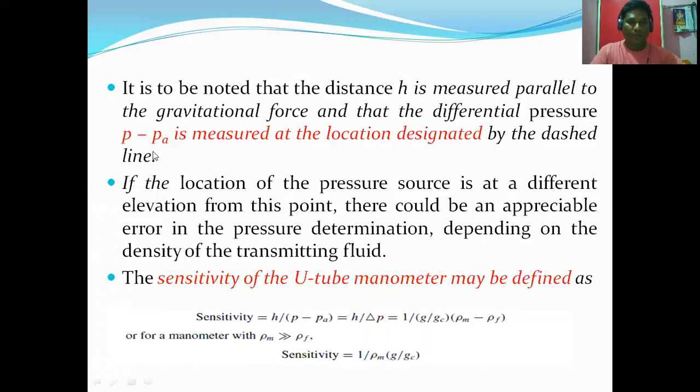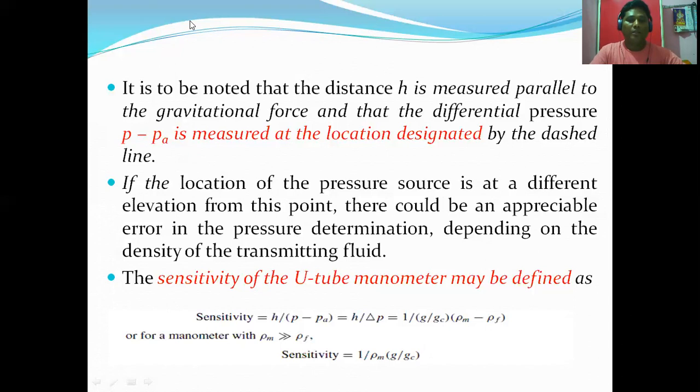Here P minus P_A is measured at the location designated for the particular gap in the U-tube manometer. If the location of the pressure source is at a different elevation, that is denoted by delta P. Delta P is the variation of the pressure range, denoted by g divided by g_c.